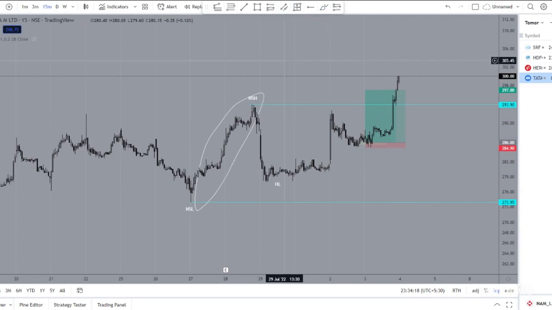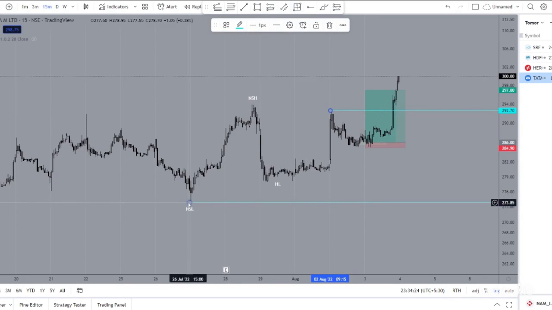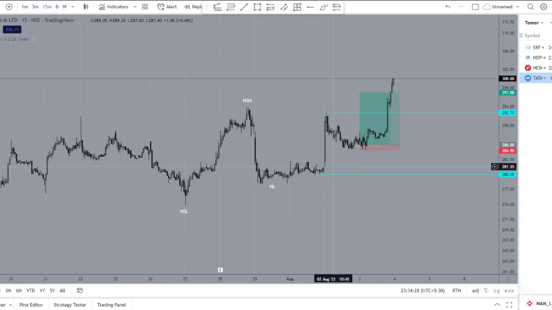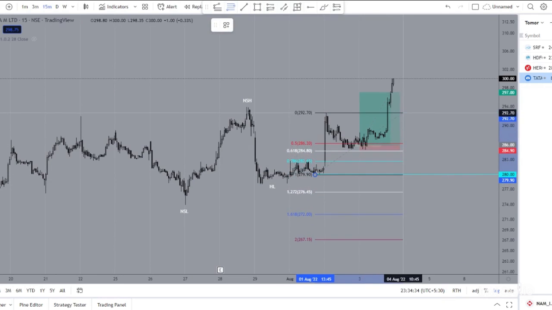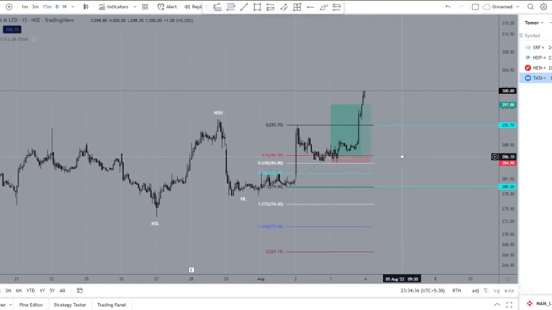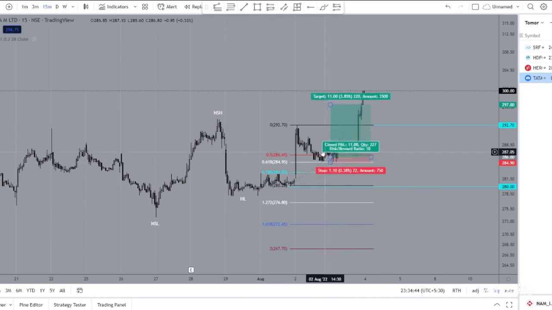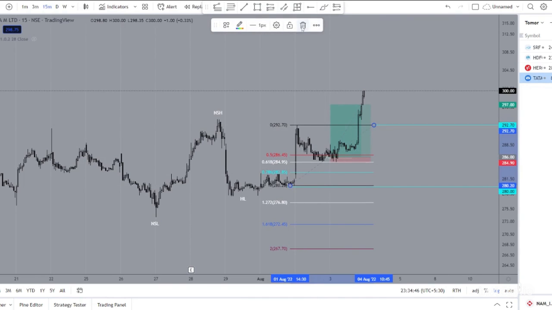Getting my point? So what I did, I was looking for a retracement under this swing. See, I took my Fibonacci tool, marked it from low to high. I was looking for some area near 61.8.